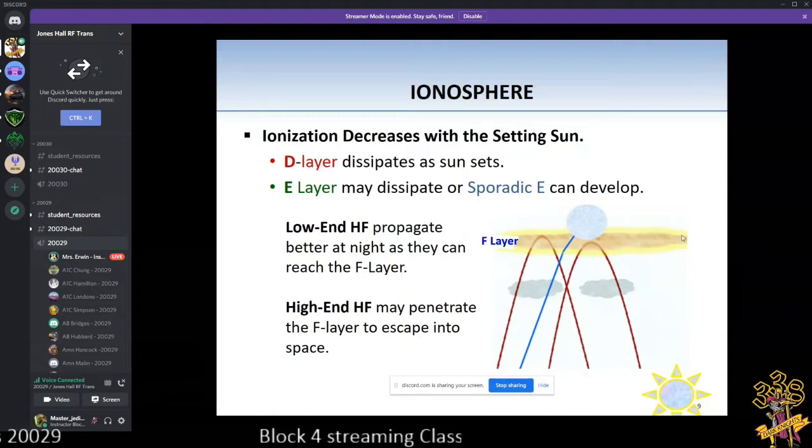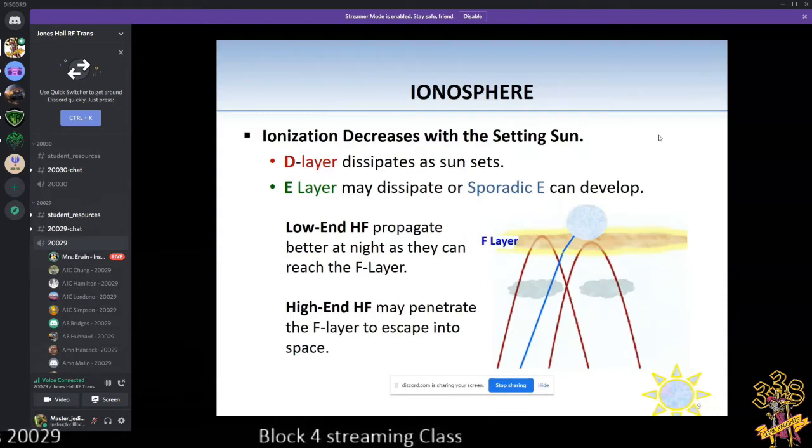Well, when this happens at night, because the sun has gone down, now those lower end frequencies of HF can reach the F layer, and they can be utilized for long haul communication.